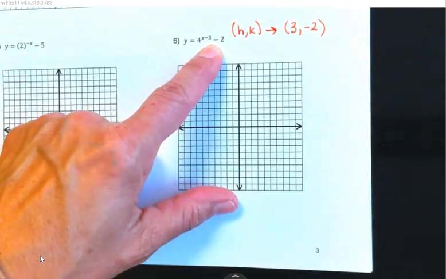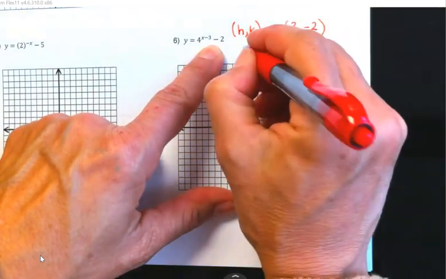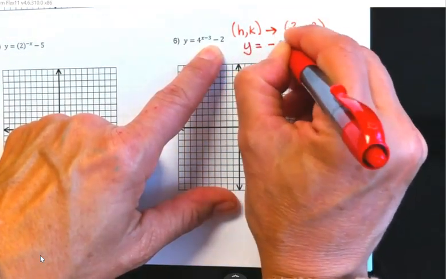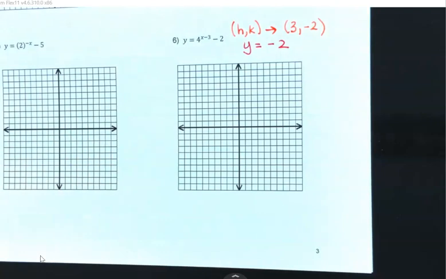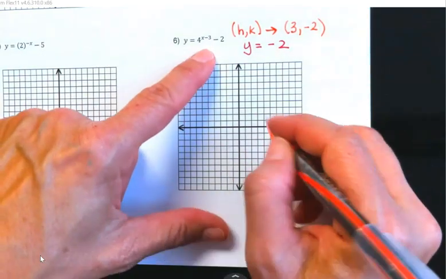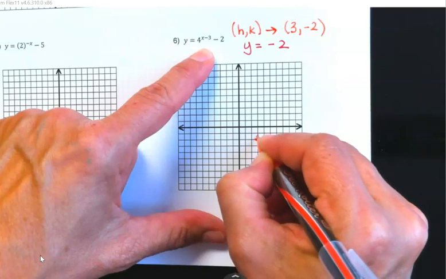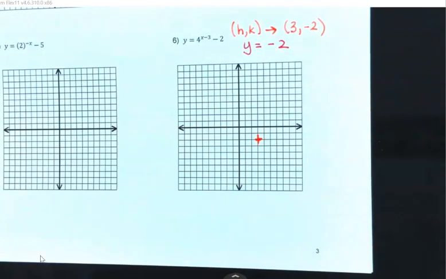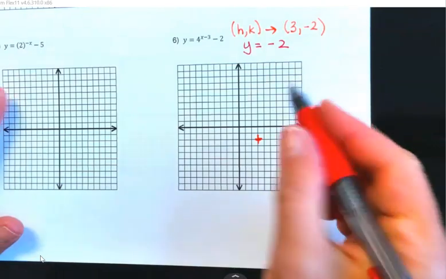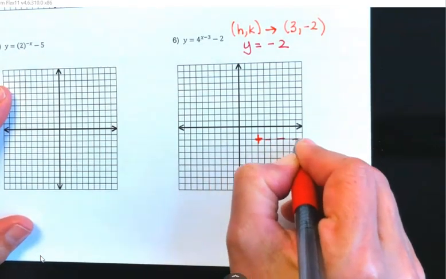And while we're at it, let's go ahead and identify the asymptote. The asymptote is going to be y equals -2. Let's go ahead and plot this stuff now. So my new starting point, 1, 2, 3, 1, 2, it's going to be right here. Let's go ahead and draw that horizontal asymptote.